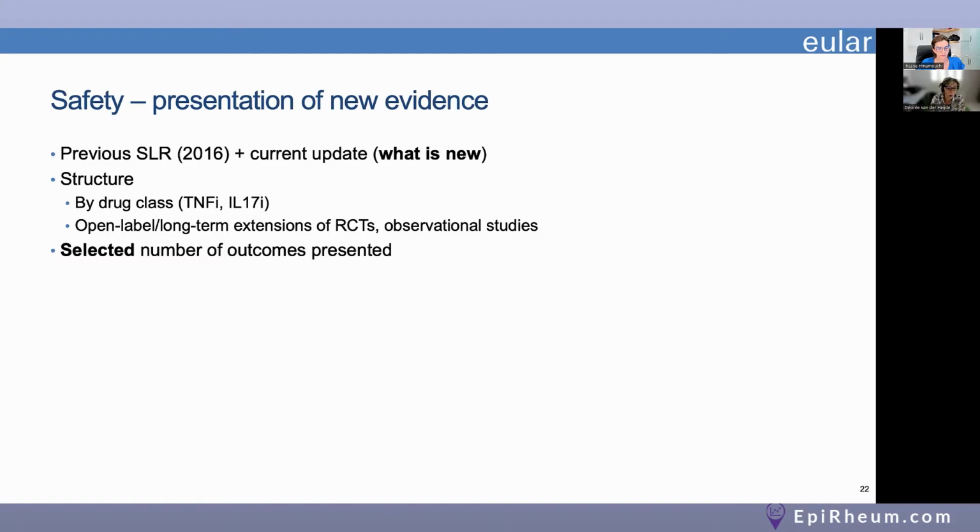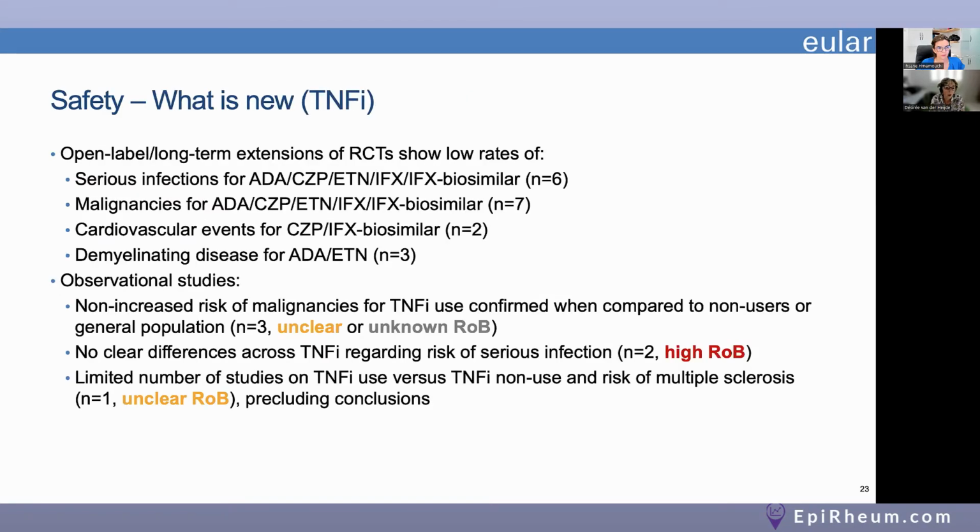So this was again presented first the previous SLR, then the current update, and this was done by drug class. This is the example of safety, what was new. This is the example for TNF inhibitors, and again you see a global overview of all the studies that we found in the SLR.